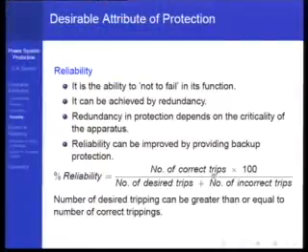Reliability. So finally, what do we want? At the end of the day, we want reliability. Reliability is the ability not to fail in its function. It can be achieved by redundancy. So one of the ways of achieving reliability is redundancy. For example, for any important transmission line, you will not have one single protection system protecting it.